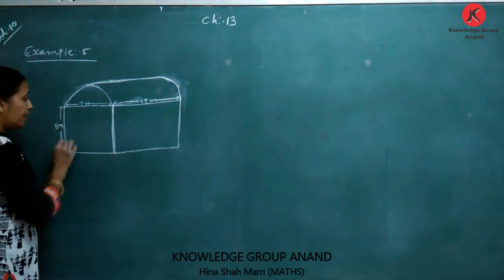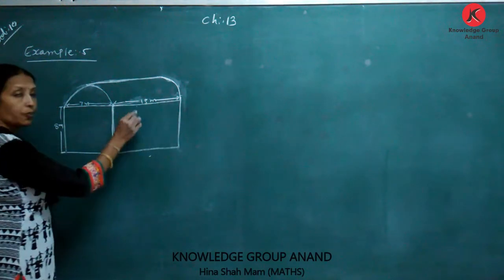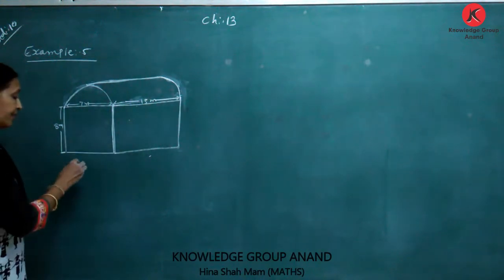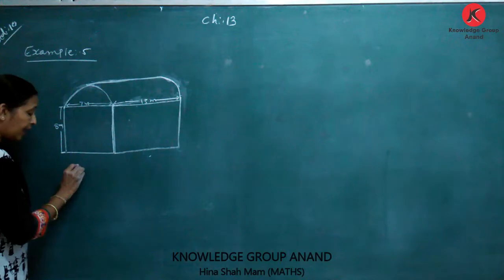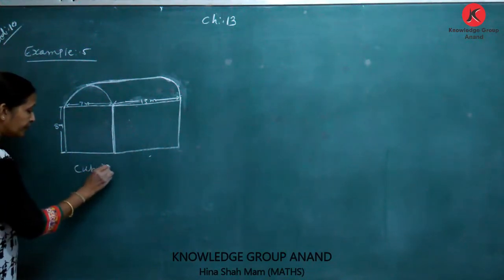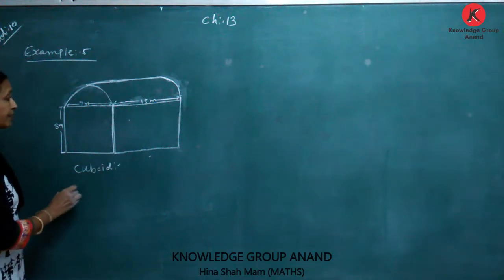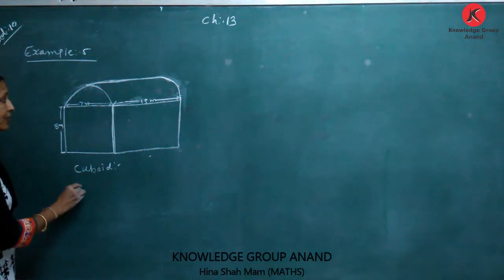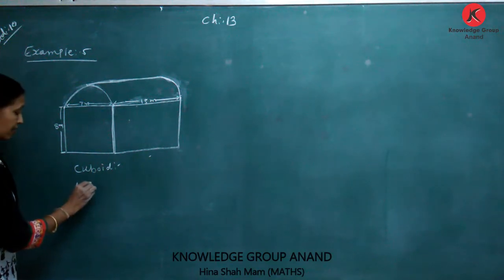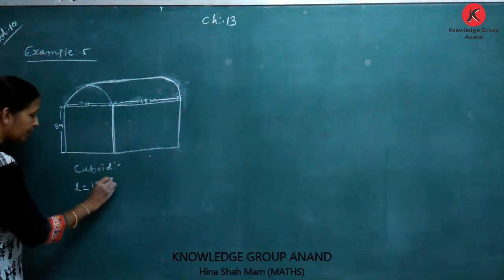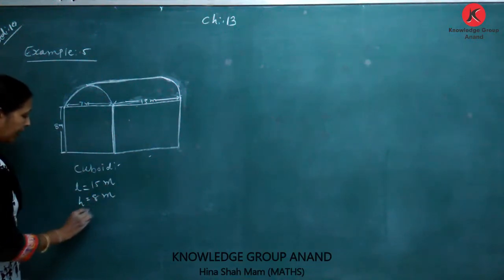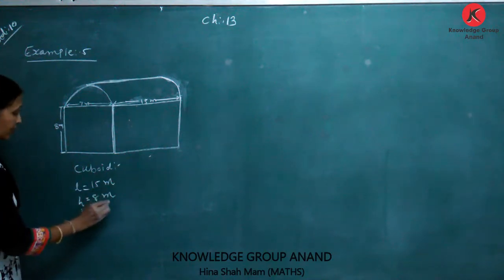Here this shape is a cuboid and a half cylinder. We write, for the cuboid, length is equal to 15 meter, height is equal to 8 meter and breadth is equal to 7.